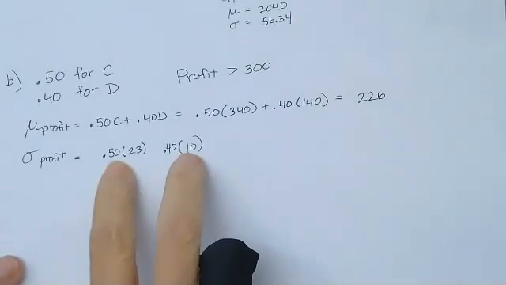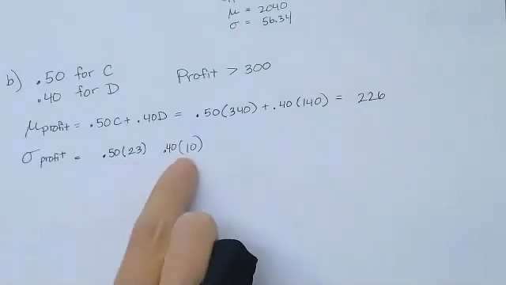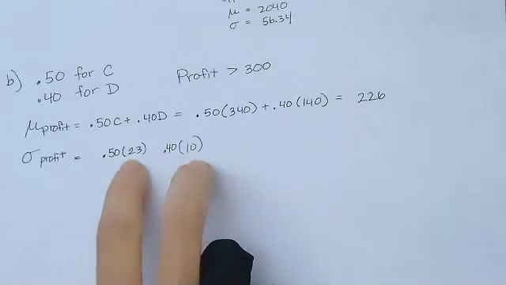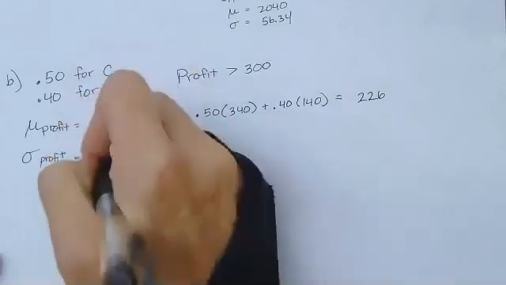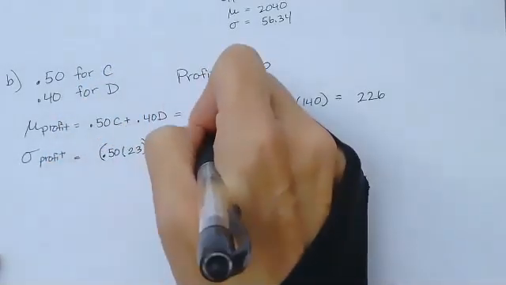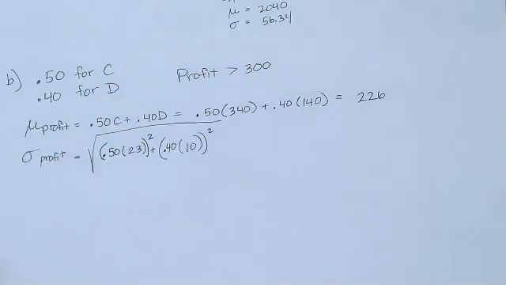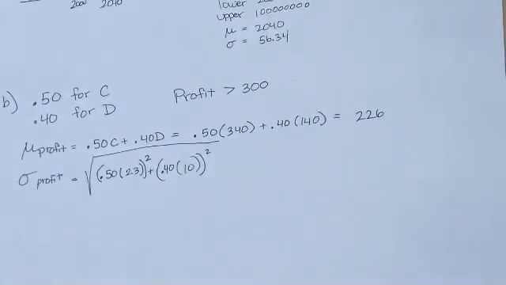Now I have two standard deviations here. This is the standard deviation for the profit from coffee. This is the standard deviation of the profit from donuts. I want to combine them, but I can't do that because we cannot add two standard deviations together. So we have to square them, add them, and take the square root. Okay, so we have to turn them into variance.